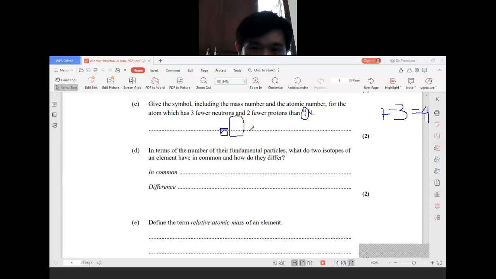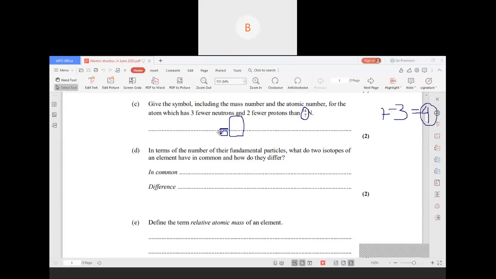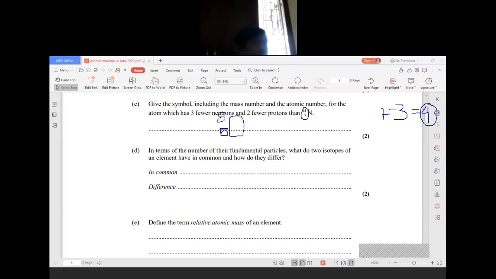The neutron of this atom is 4. So proton plus neutron become nucleon. What is the nucleon here? How many? It is 9.